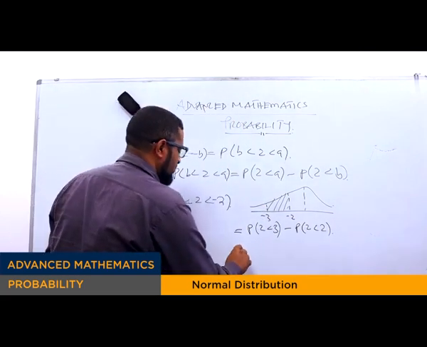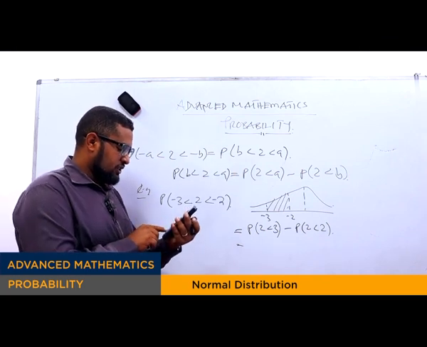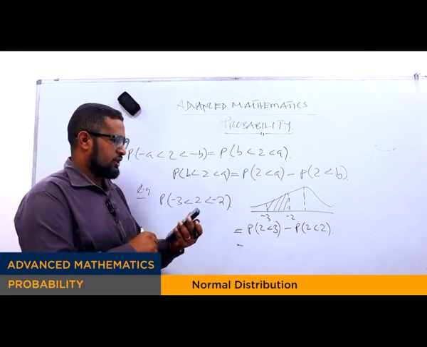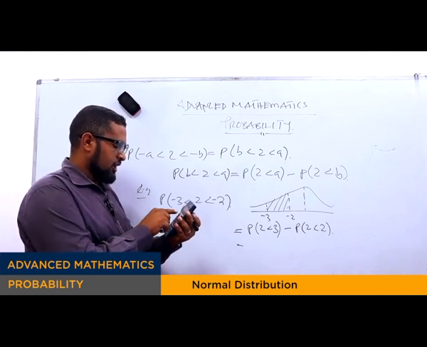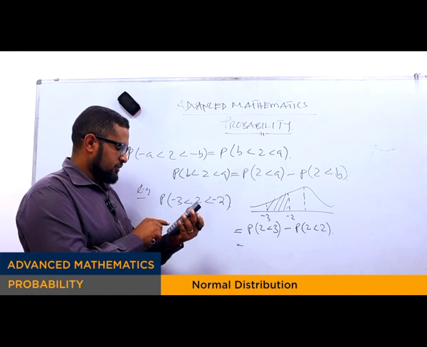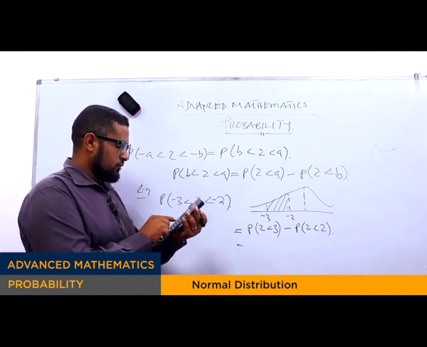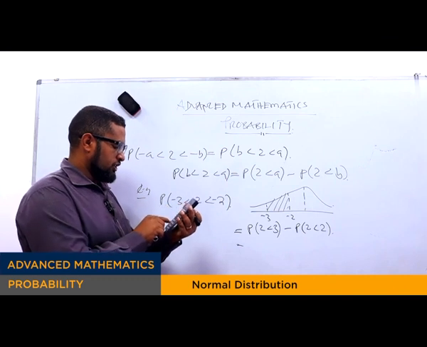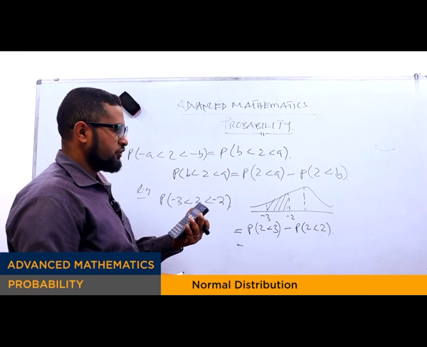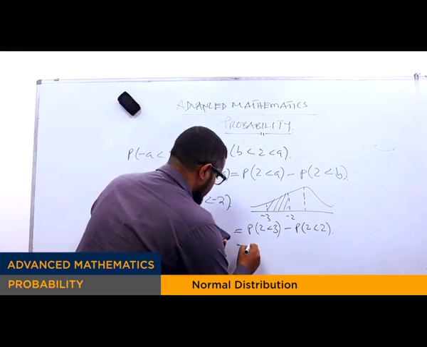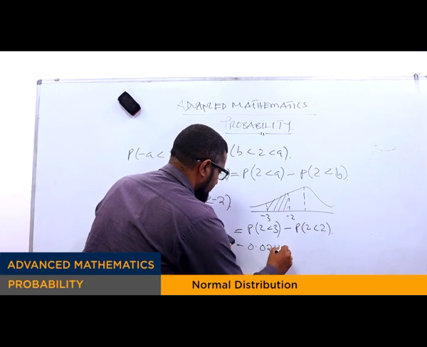Then use your calculator again, plug the value, shift, distribute, take P of 3 minus again, distribute P of 2 and see what will be the value. So the answer here will be 0.0214.